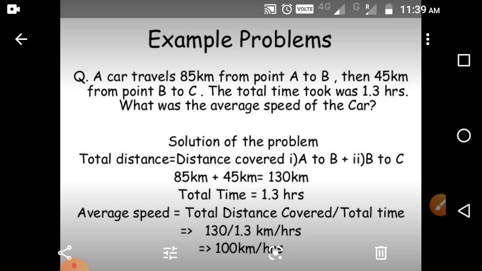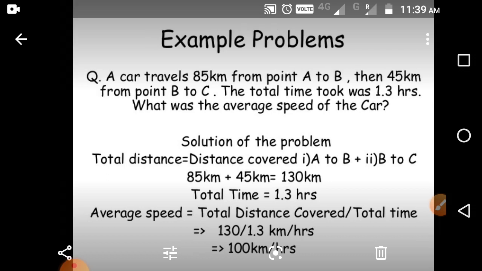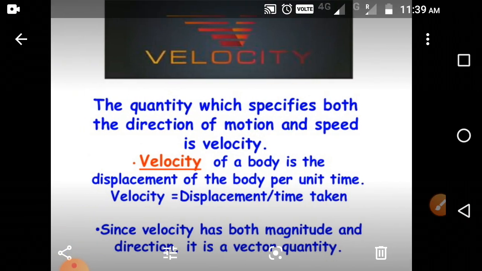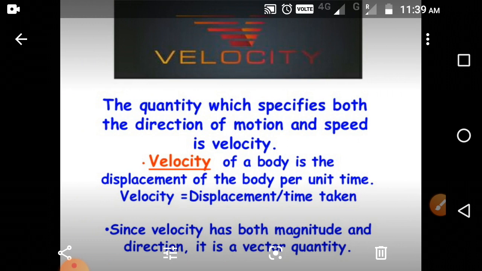Now we are moving to another portion, that is velocity. What is it? It's a very small concept. If we discuss speed with direction, then we call it velocity.